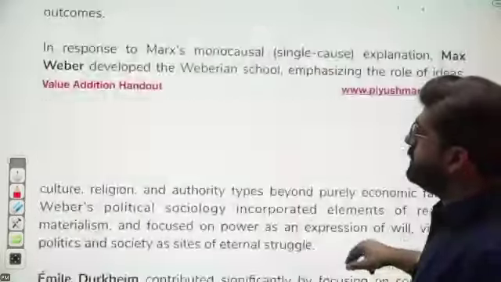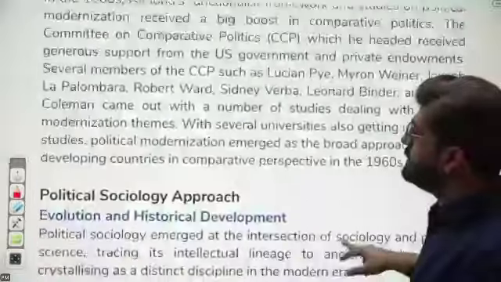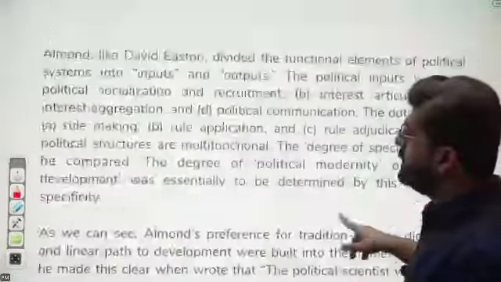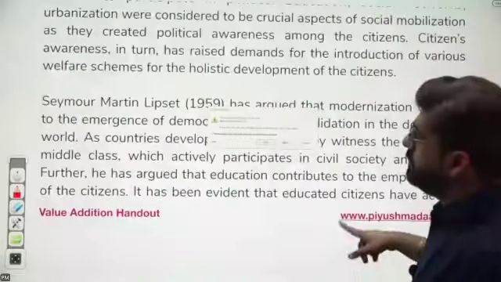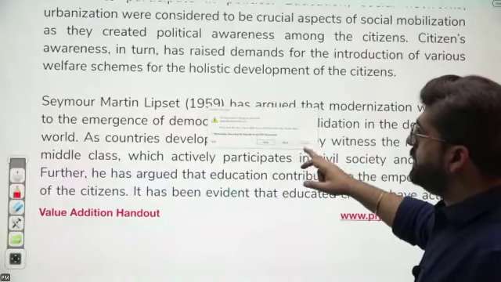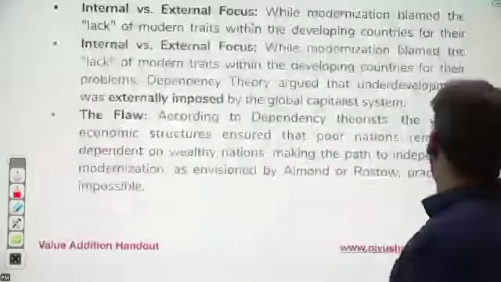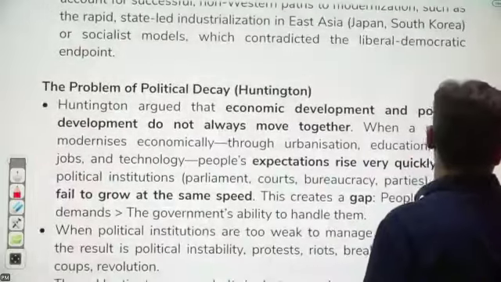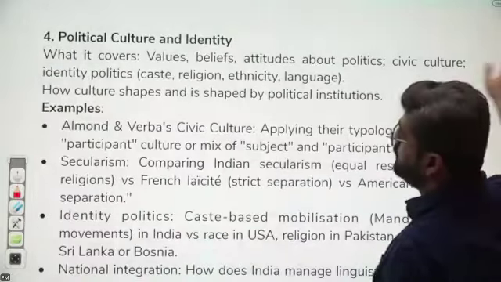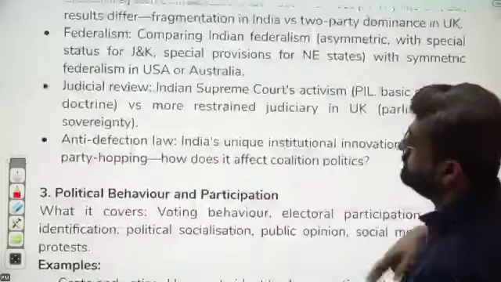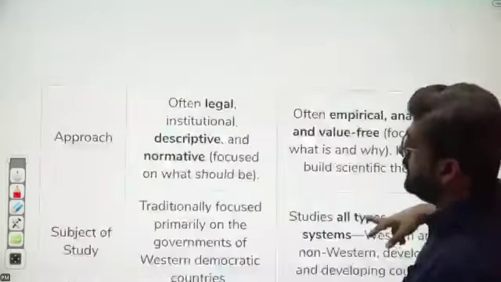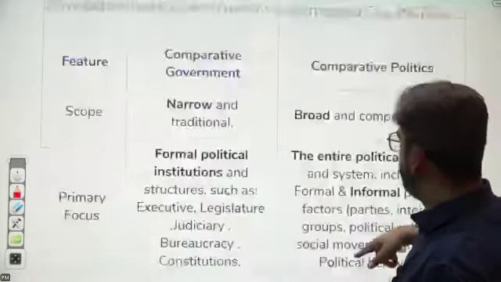If I ask you that, okay, there is something called comparative politics, and if I ask you what all things do the comparative politics studies, okay, so what will be your answer? That is what I want to know. What are the subject areas of comparative politics? Like what exactly are they studying? What's their purpose?